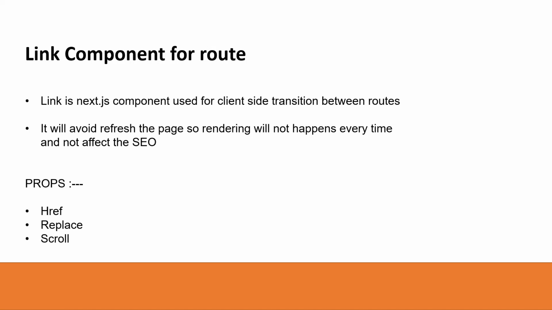When we use the anchor tag we comparatively achieve lesser SEO, because the Link component won't refresh when the user hits the link, but when the user hits the anchor tag it will refresh the whole page. This is the reason the Link component achieves higher SEO. SEO is nothing but search engine optimization, which will increase the traffic to your websites.